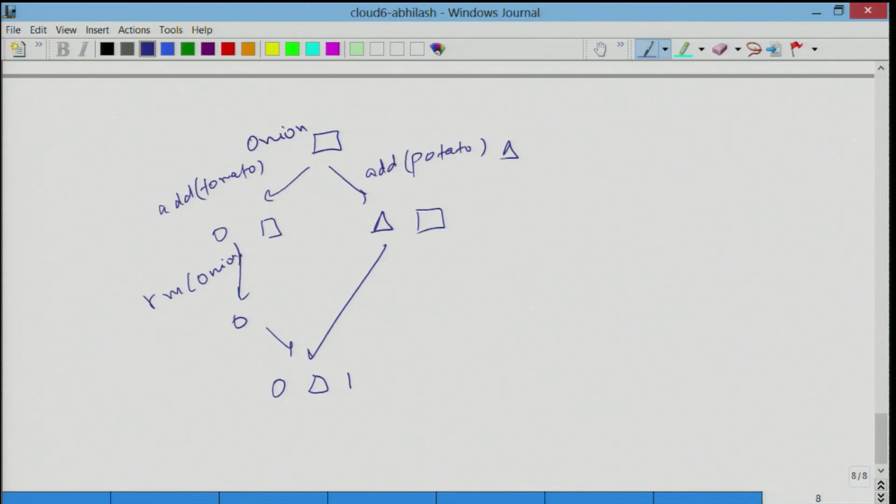So if we take a set union, I end up with one tomato, one potato, and one onion, right? But onion was already removed from the shopping cart, right? But when I did the merge, the onion magically appears again in my shopping cart, right?